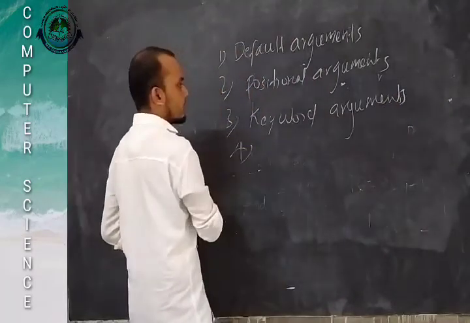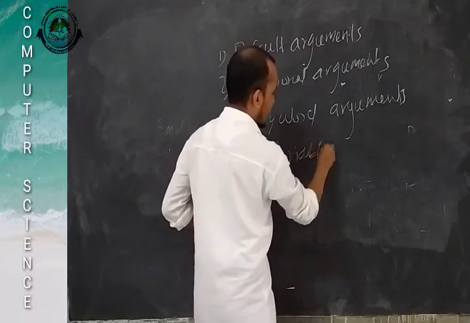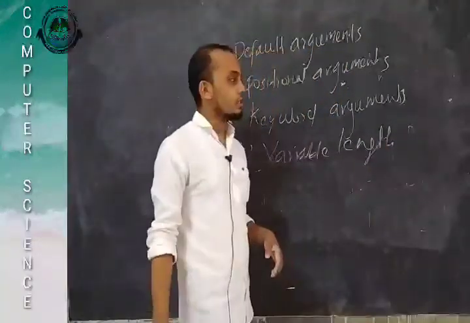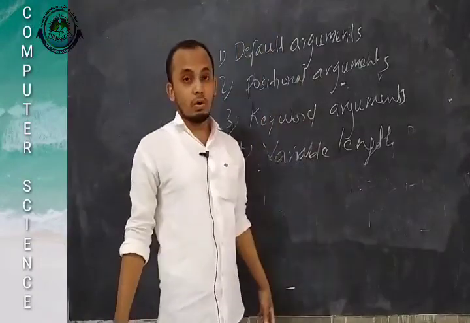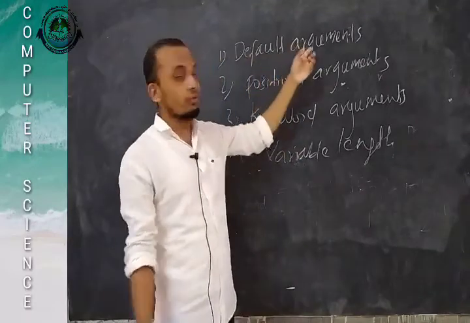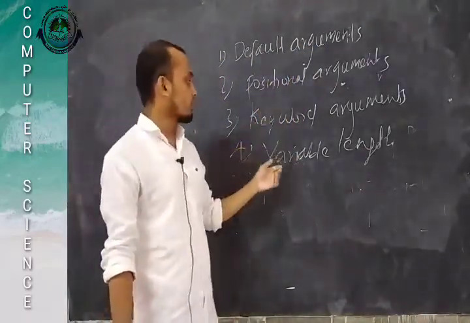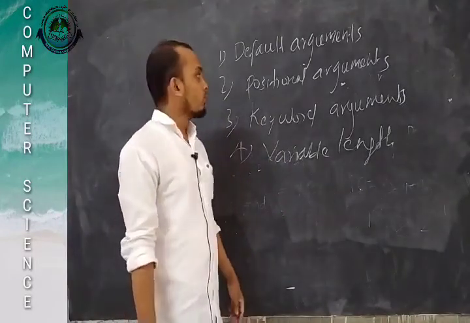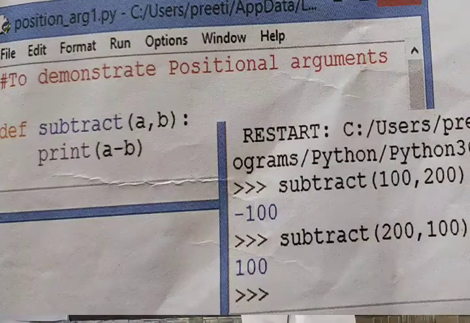Fourth one is variable length arguments. Okay, these are the main divisions of arguments: default arguments, positional arguments, keyword arguments and variable length arguments. Okay, first we can discuss positional arguments.